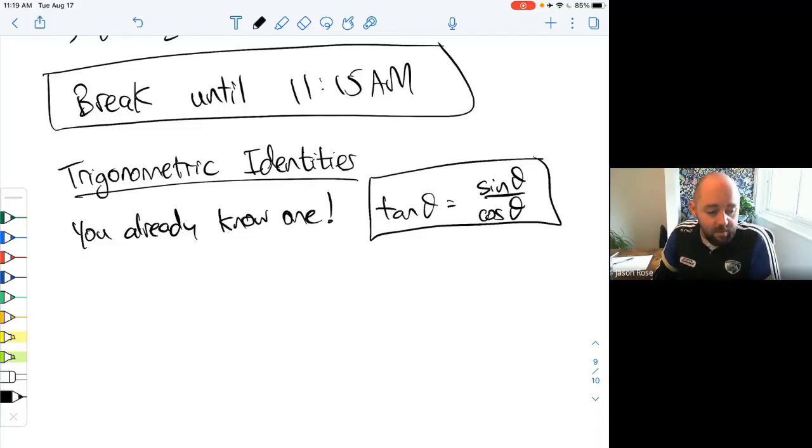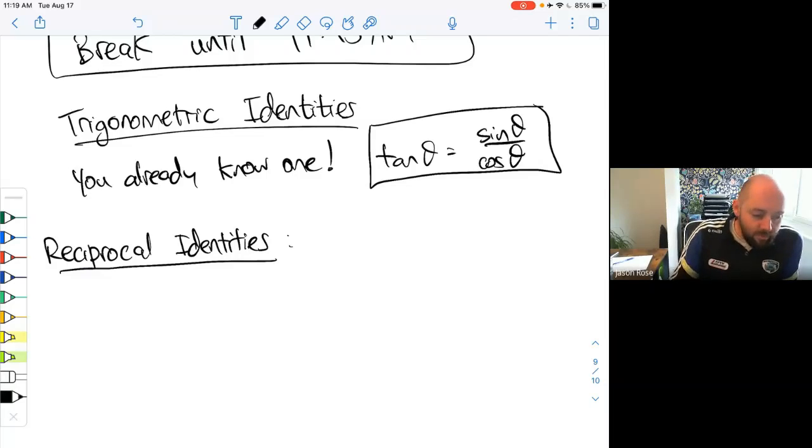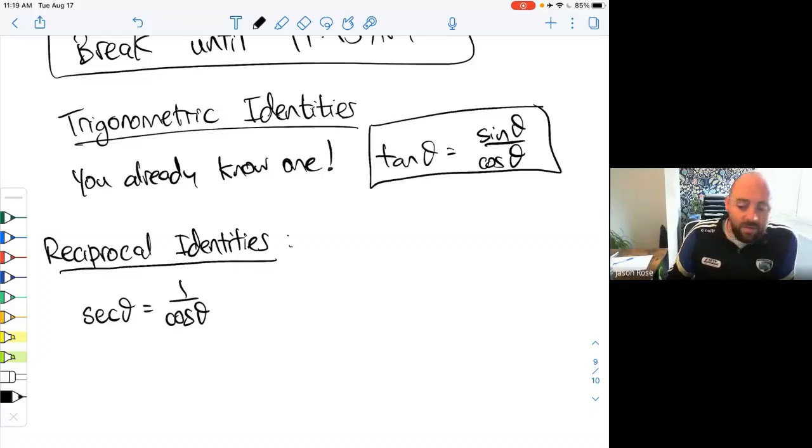There's also some new trig functions that you're going to be introduced to now, called the reciprocal trig functions. So the reciprocal identities are the following. Secant theta is 1 over cosine theta. Cosecant theta is 1 over sine theta. And cotan theta is 1 over tan theta.